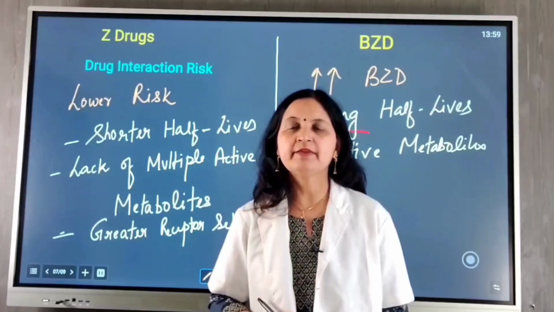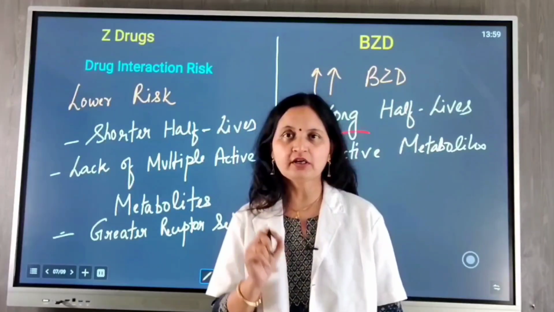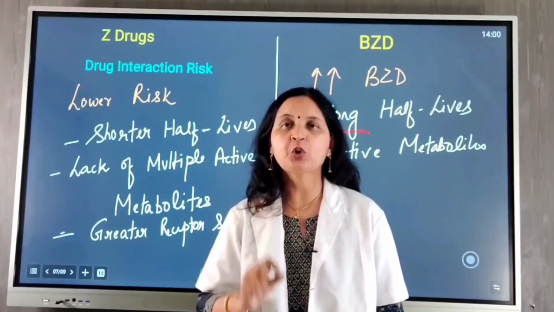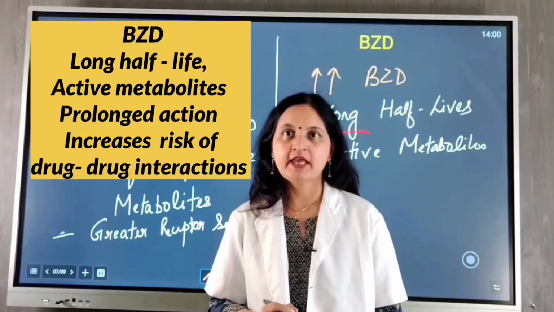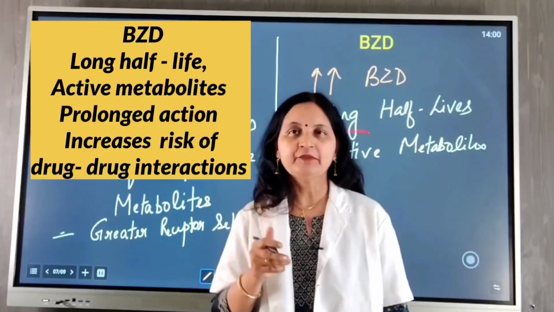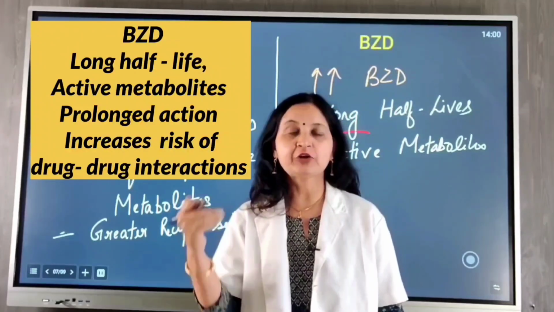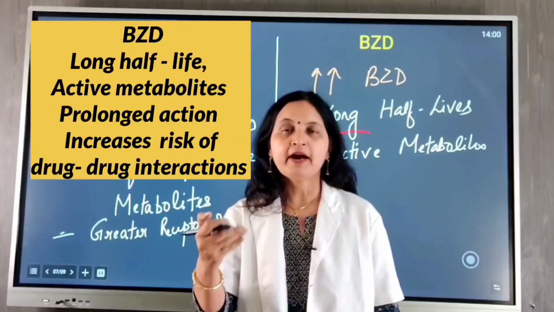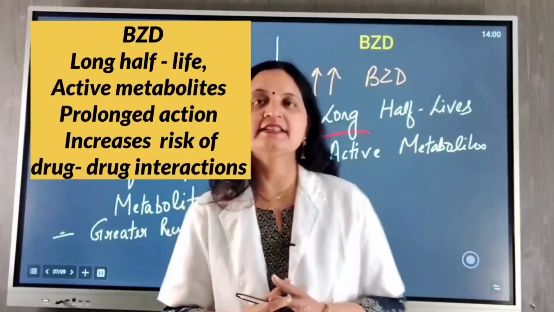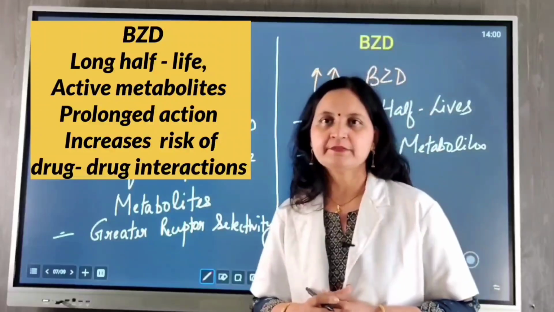Lastly but not the least, benzodiazepines increase the risk for drug-drug interaction. They are metabolized by hepatic cytochrome P450 enzymes and they act as inducers of hepatic enzymes. When administered with other drugs that alter the metabolism by cytochrome P450 enzymes, the risk for interaction is increased with benzodiazepines.